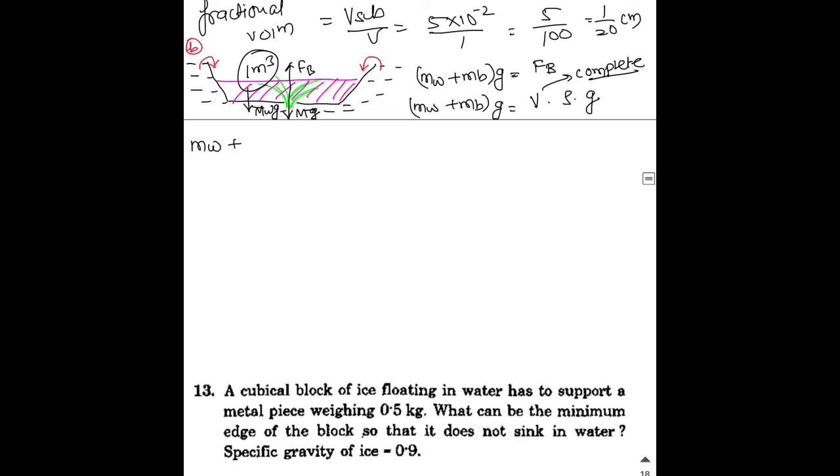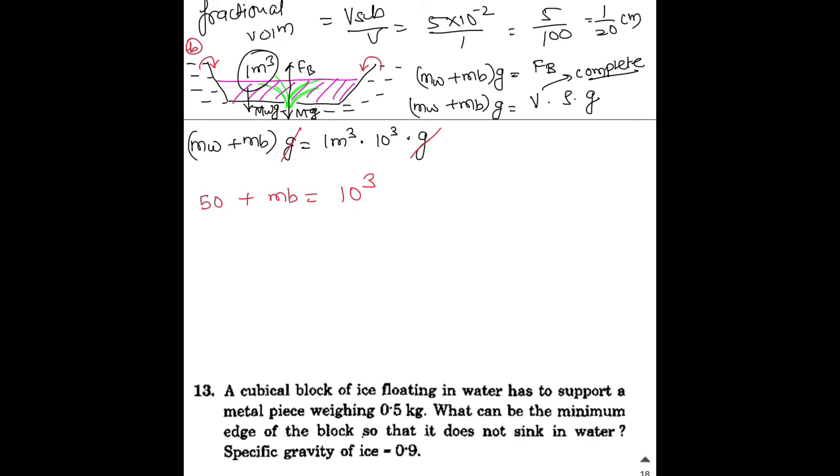So mass of water plus mass of boat times g should be equal to 1 meter cube into density of water, which we know is 10 raised to the power 3, into g. We can cancel out g and g. The mass of the boat is 50, so mass of water plus 50 is 10 raised to the power 3.